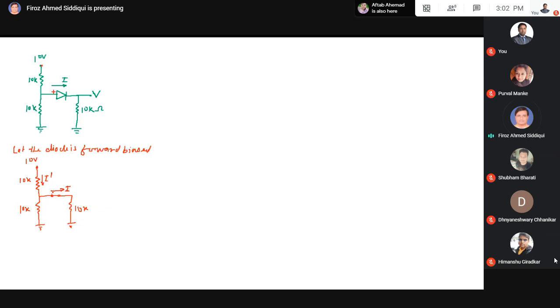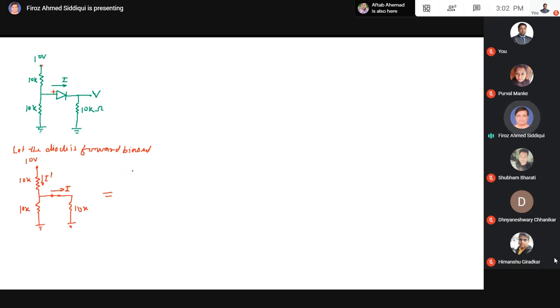So if you solve this network, you can draw it like this. These two 10K resistors, this and this, are connected in parallel, and this parallel combination is connected in series with this 10K resistor.